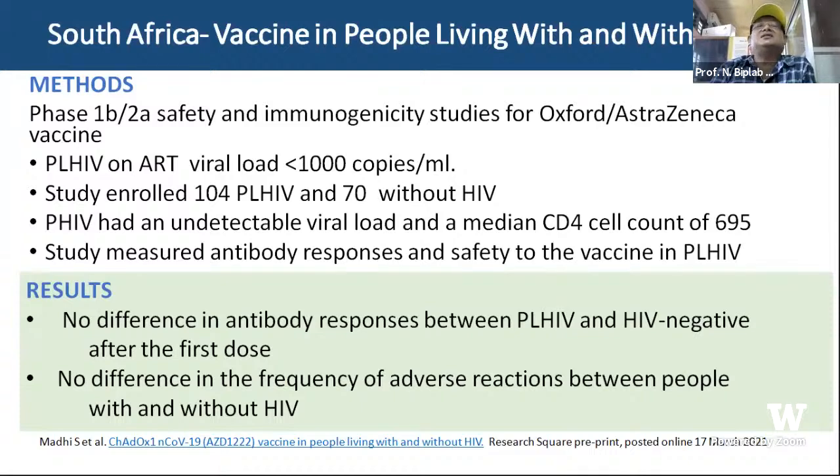The study measured the antibody response and safety of the vaccine among the PLHIV, and the result shows that there is no difference in antibody response between PLHIV and the HIV negative persons after the first dose. No difference in the frequency of adverse reactions between the people with or without HIV.